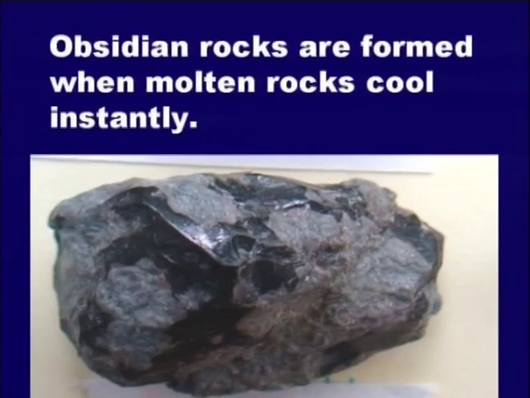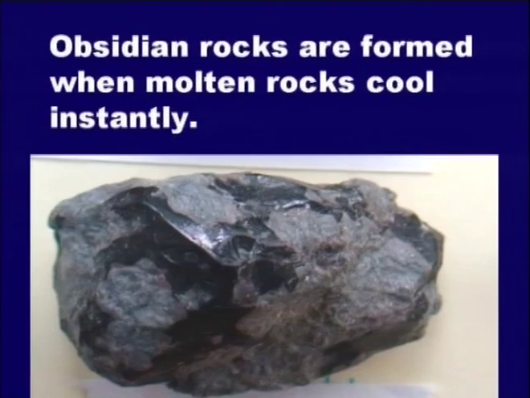The rocks that we have looked at earlier are common igneous rocks which are formed above the surface. We also have rocks which are formed below the surface, that is, in the earth.